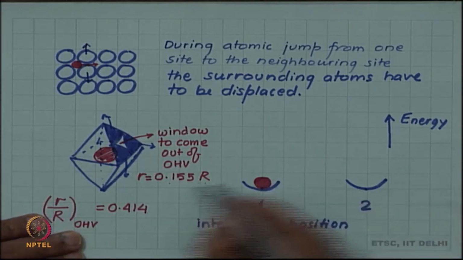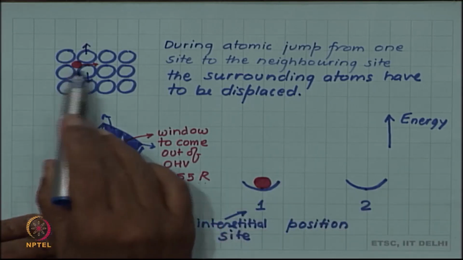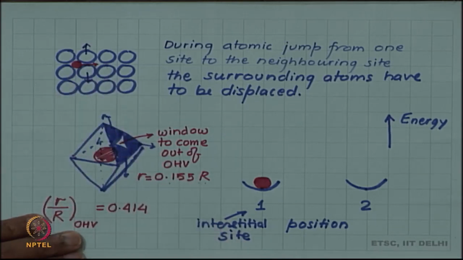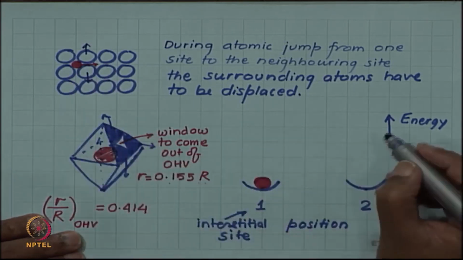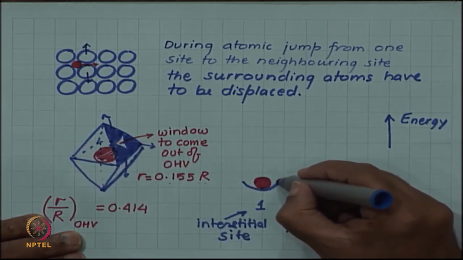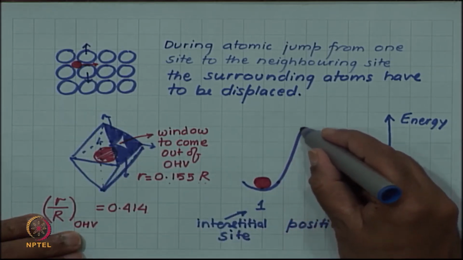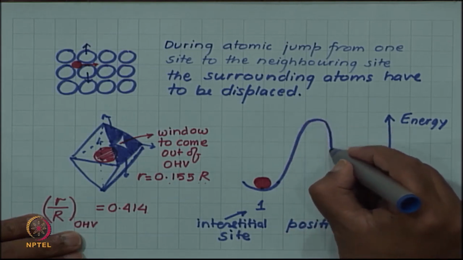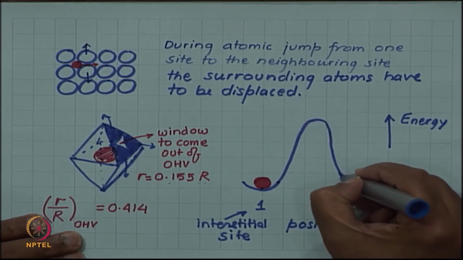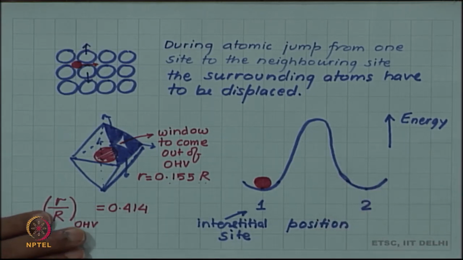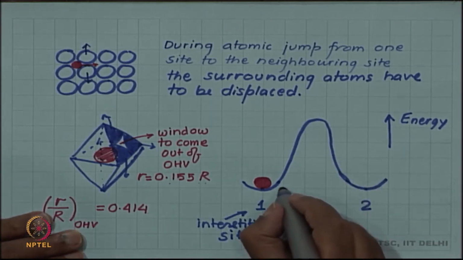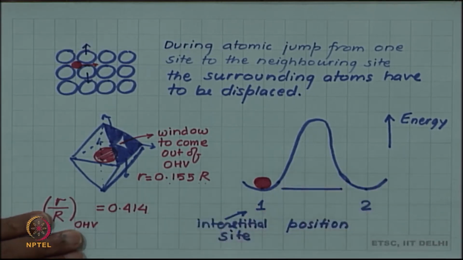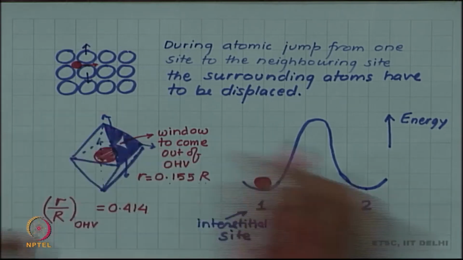But to jump from site 1 to site 2, either in this 2-dimensional diagram or in this 3-dimensional picture, it has to displace the neighboring atoms, and that will increase the energy of the system. So, that increase in the energy we show by this energy hill. So, an energy barrier exists in movement from site 1 to site 2.